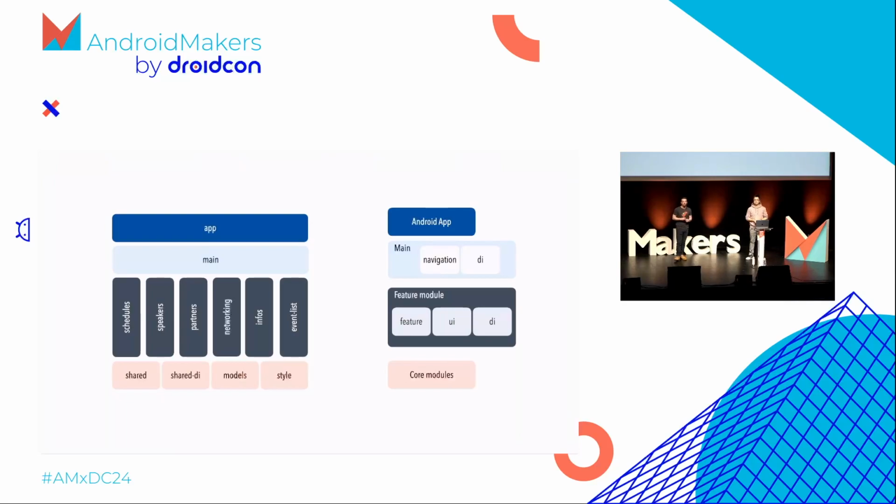If we come back to our Gradle modules, we have inside the UI Gradle module all screens and UI components. It means that to display the talk item inside the speaker details, which are both inside the UI Gradle module in schedule and in speakers, I need to make a dependency, and for the exact same thing in the speaker screen, I need to make a dependency from the UI Gradle module of schedule to the speaker one.